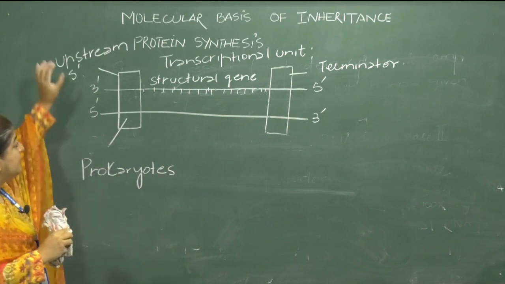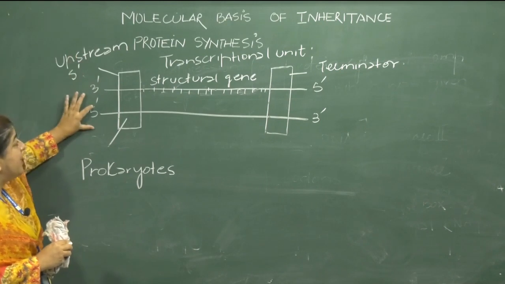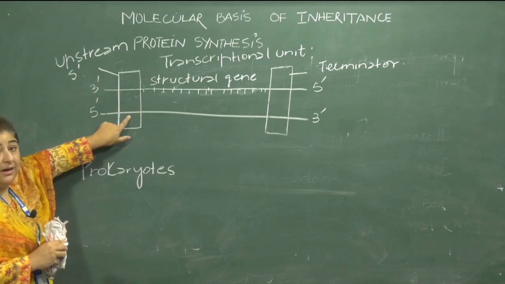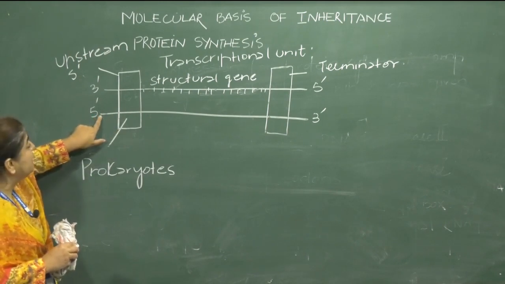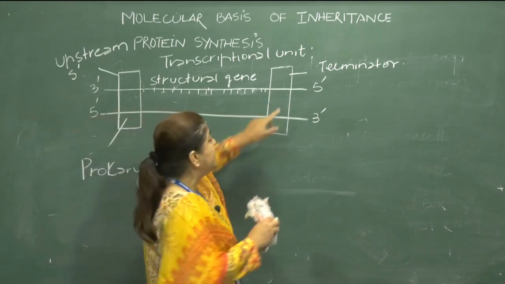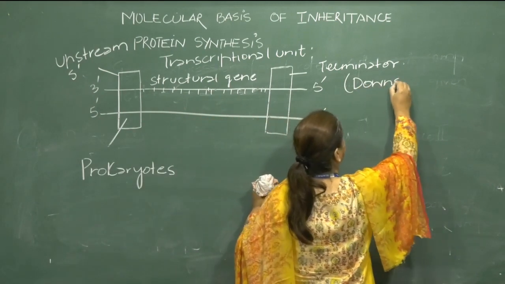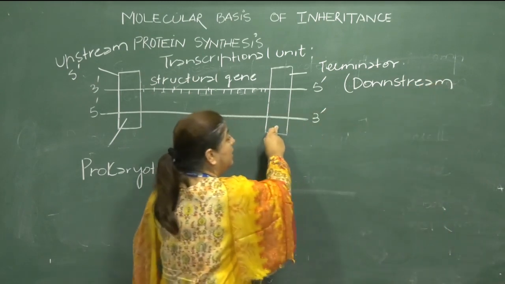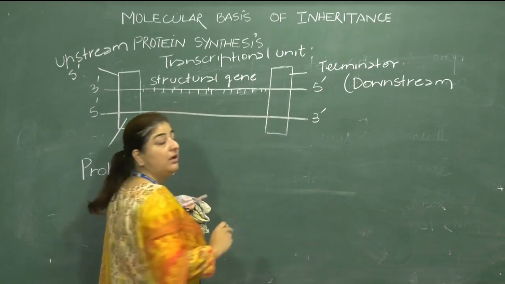As I told you, the promoter region is upstream at the 5 prime, because whenever we give the location, we give it with reference to the coding strand, and the terminator is downstream, at the 3 prime of the coding strand.